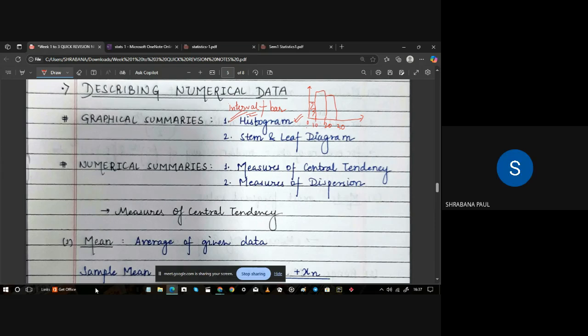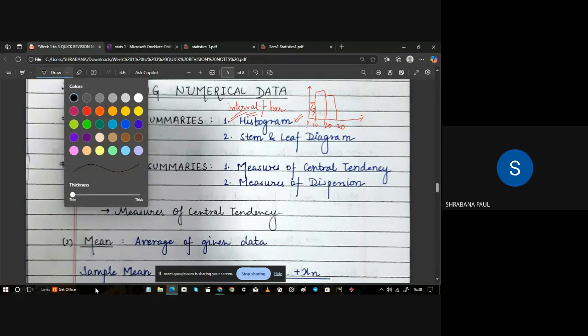Yes, Aryan, you are right. Exactly. A stem leaf diagram is a way of organizing numerical data by splitting the value.